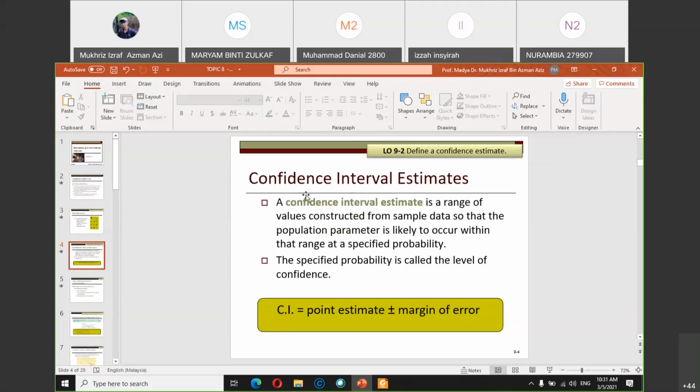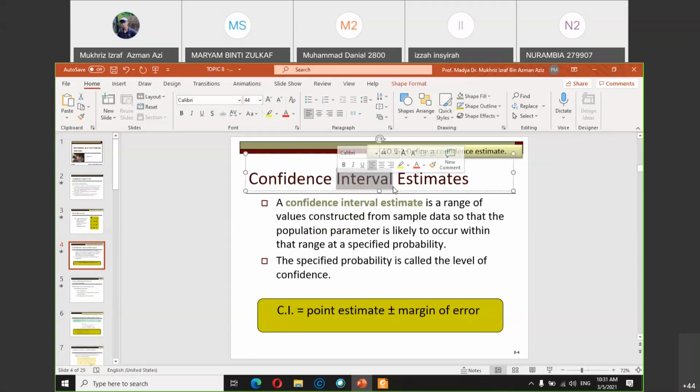That brings us to the concept of confidence interval. The word interval means there is a lower boundary and an upper boundary, selang atas, selang bawah. The word confidence, from the English word, asks how confident are you?